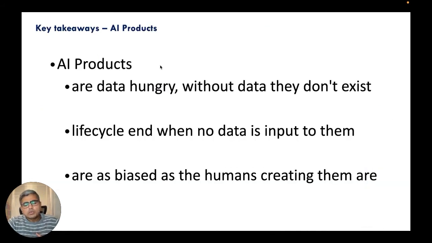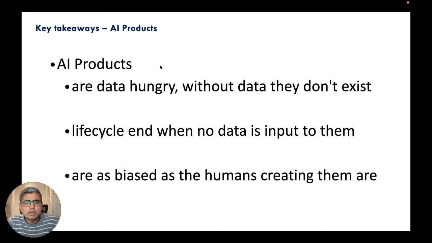So what are the key takeaways? The key takeaways for me are that AI products are data hungry, where other products are looking at creating data and ending there. Transactional products such as airline reservation, train reservation, cruise ship reservations need that data to run. And when no data is input to them, they die.